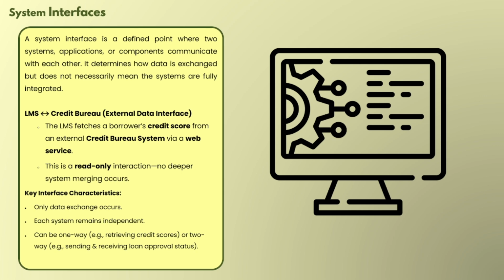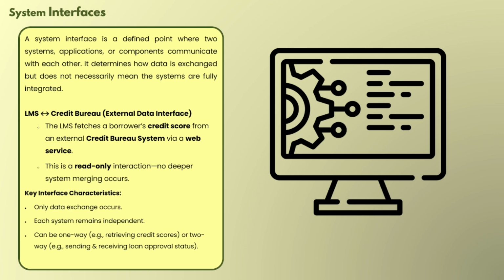So the key interface characteristic of this system interface is that only data exchange occurs. Each system remains independent, and that's the key. That's why we are learning this tutorial: how two different systems can interact with each other. Both remain independent, and it can be one way or two way.